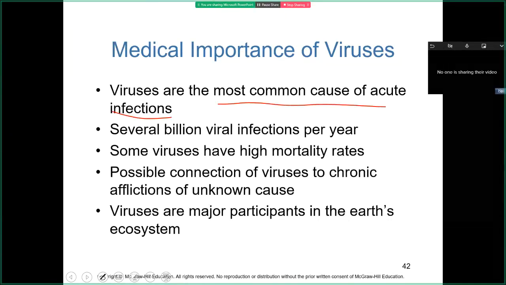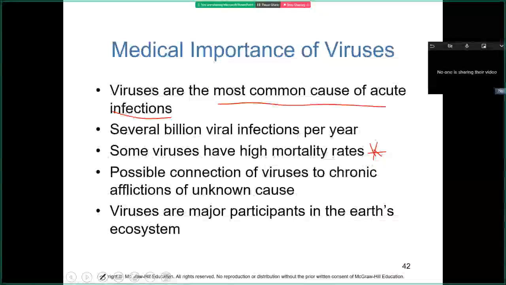But then there are some viruses that have particularly high mortality rates. The SARS coronavirus 2 that we're dealing with now seems to have a mortality rate of somewhere between 1.5% to 3%. Depends on the population, and perhaps it depends on the quality of care, what's possible, and depends on the age of the infected person and whether there are comorbidities.